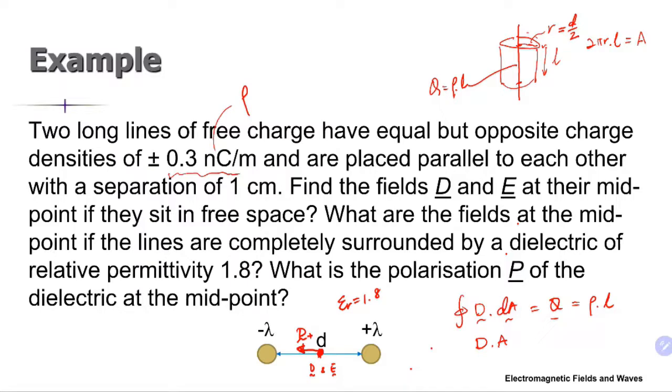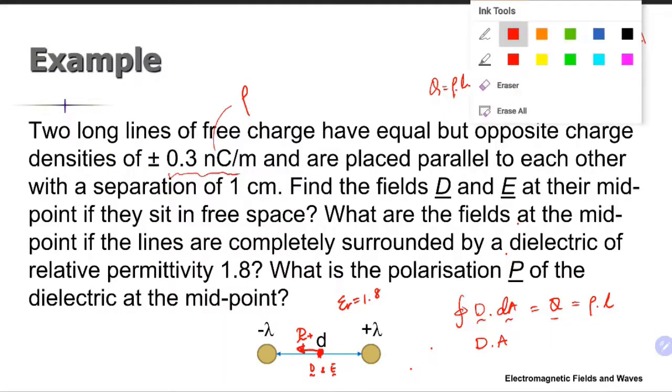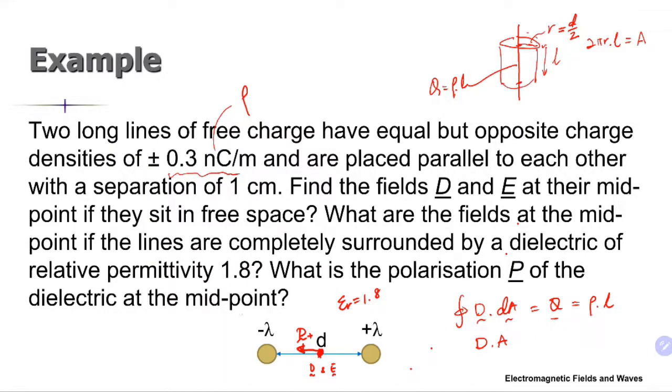Similarly for the negative, we can draw a Gauss surface, and you find that because it's negative, the electric flux density points towards the negative charge. So you have another one, which is D negative, both pointing in the same direction.